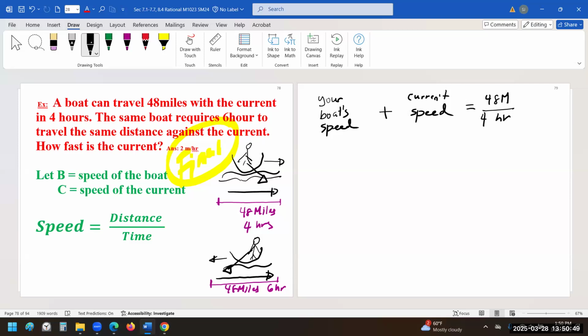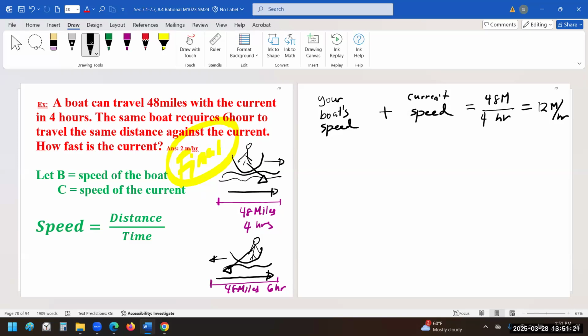Right? This is the first scenario. So what's the total speed, the sum of the speeds? You have 48 miles per 4 hours. So what is your speed? 12 miles per hour. Right, this is how you find the speed: distance over time.